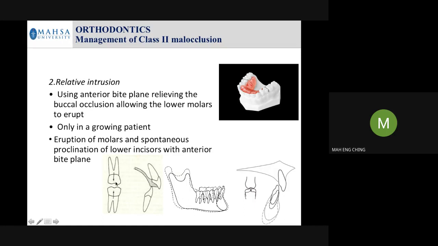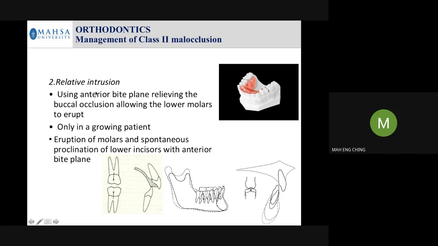If you leave it long enough, this molar will erupt further, then they come together again. By doing that, you increase what we call the vertical height, and at the same time, you open the bite. But this is not causing what we call true intrusion. You are not pushing or intruding the upper incisor, but merely causing the over-eruption of the molar. That's why I call it relative intrusion.